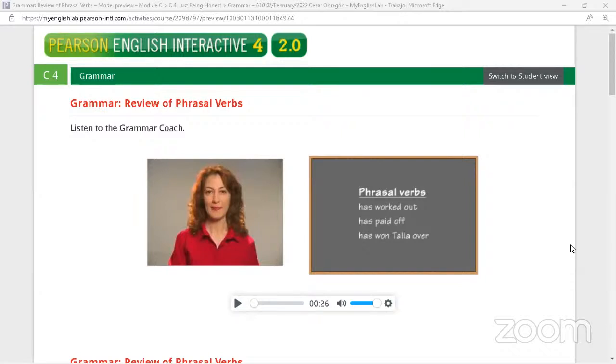Inseparable phrasal verbs are those that need to be together. You cannot change them. And separable verbs are the ones that you can separate. You can have a pronoun in between. For example, work out, you don't separate it because it means to exercise.